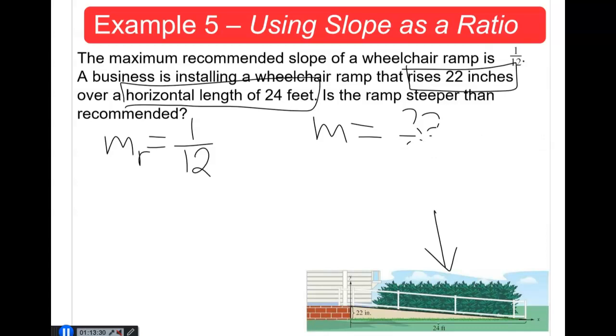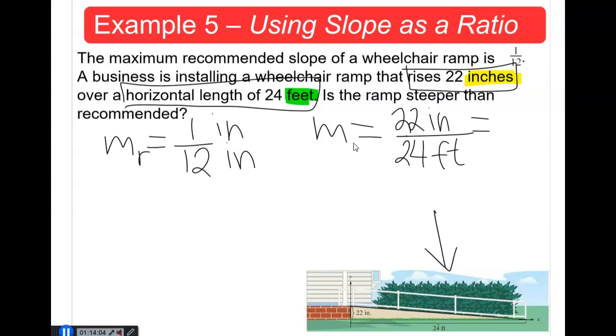Okay. So what we need to do first, if you notice, we have two different units. We have inches and we have feet. So let's just convert everything to inches. And so we could say that here we'll have the same inches for both. So the 22 inches here, we'll leave it like that. And then the 24 feet that we have here, we're going to convert that to inches.